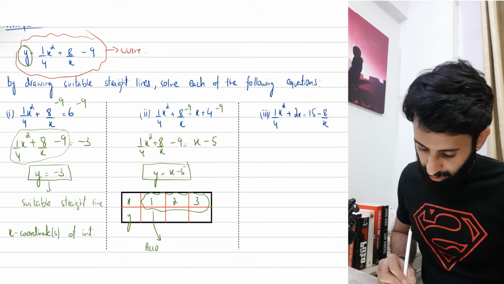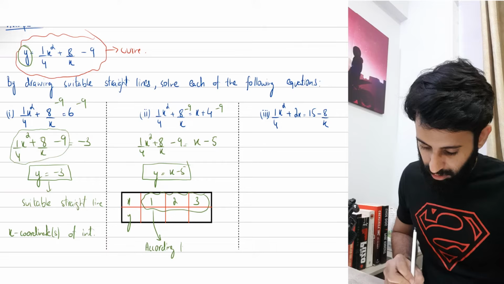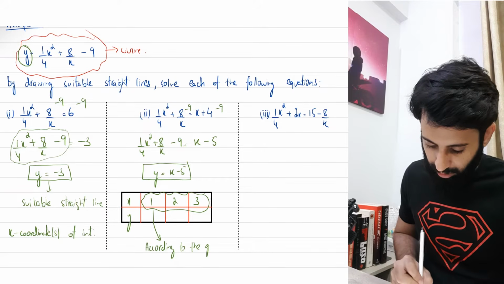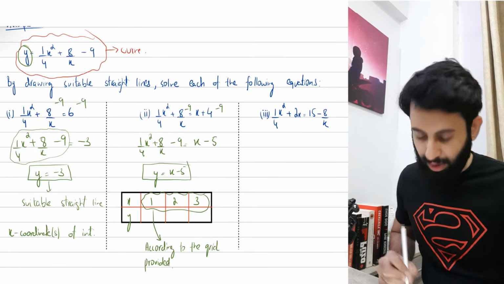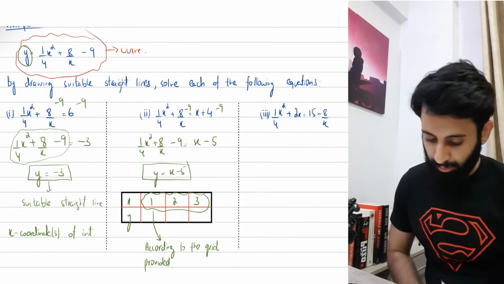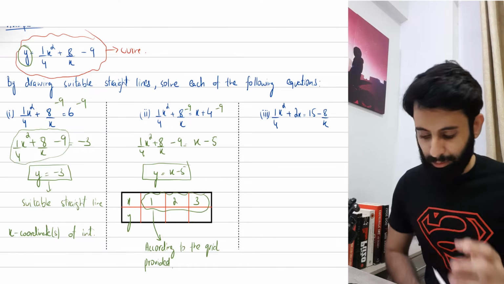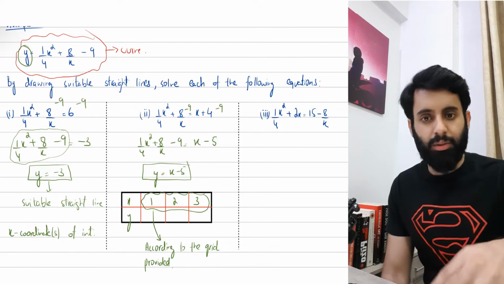These values should be taken according to the grid provided, or according to the values that you have on the grid, or the range of x values. Yeah, I think the correct word here is range, the range of x values that you have on the grid.